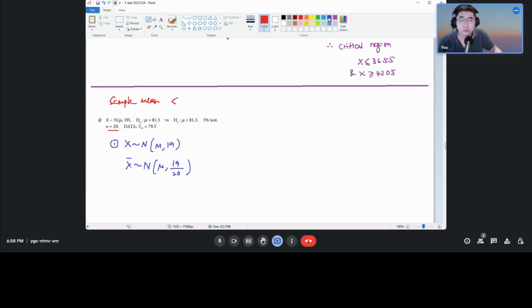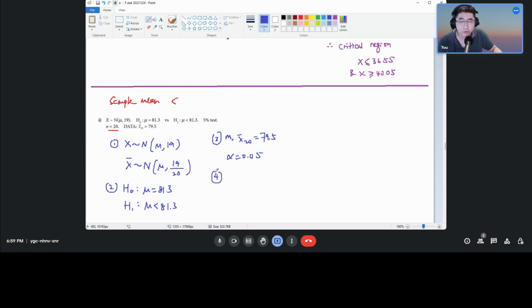Then continue with step 2, write out the hypotheses. H0: mu equals 81.3. H1: mu is lesser than 81.3. Then step 3, we have our m, which is bar x of 20 equals 79.5. Then I have my alpha equals 0.05.